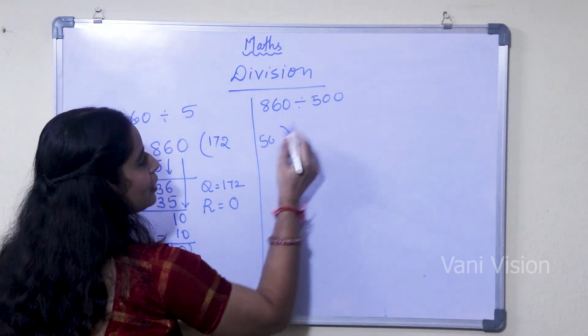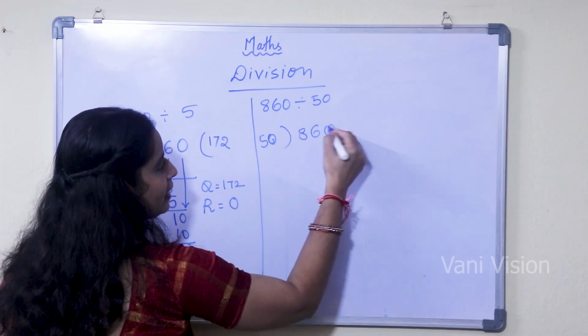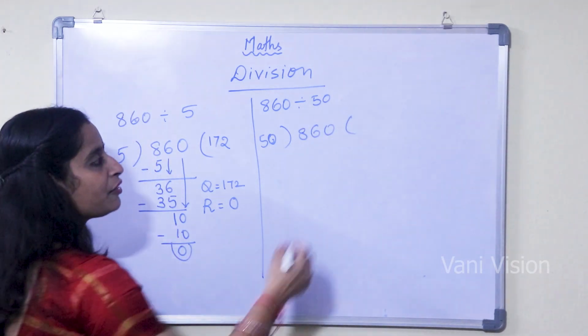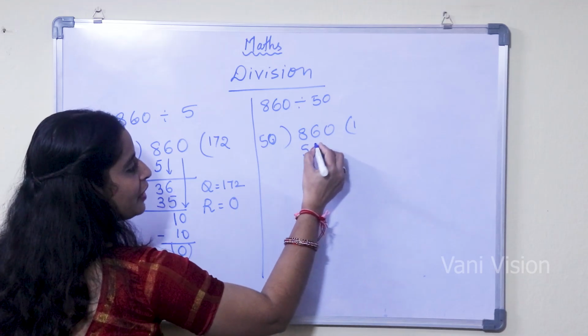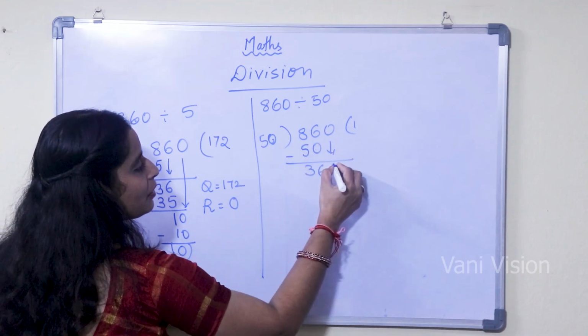Now 860 divided by 50. 50 ones are 50. Now 8 minus 5 is 3, bring this 6 down, and then bring this 0 down.